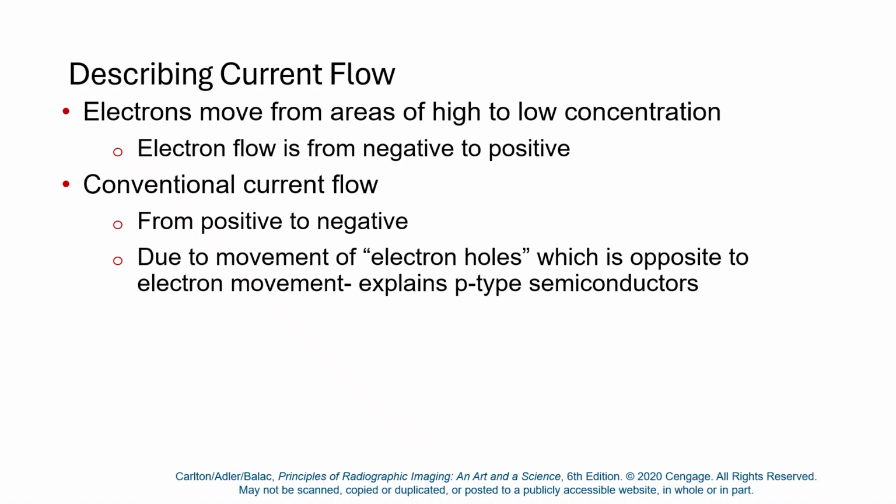Okay? Positive charges stand still. We already covered this. The nuclei are massive. It takes much more energy for them to move. But when we get to semiconductors and explaining how semiconductors move charge, this electron hole, that is a vacancy in a valence shell moving in the opposite direction, actually kind of makes sense.